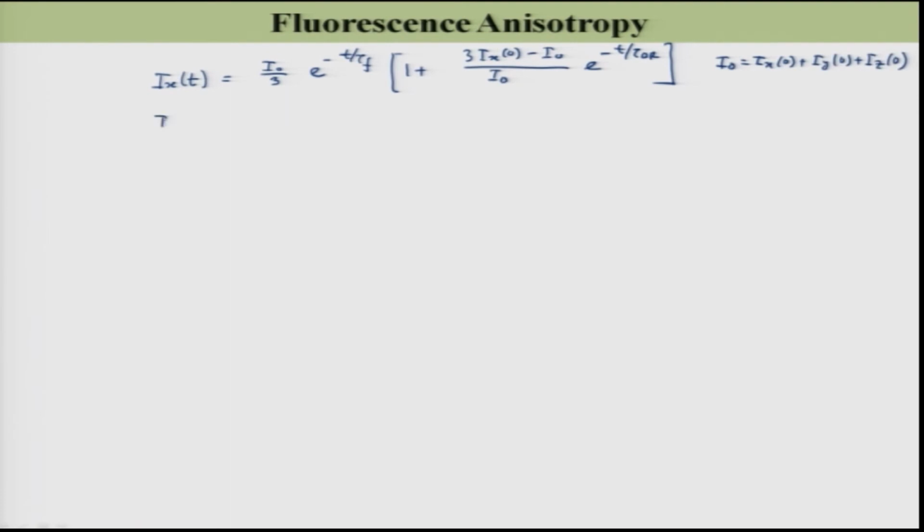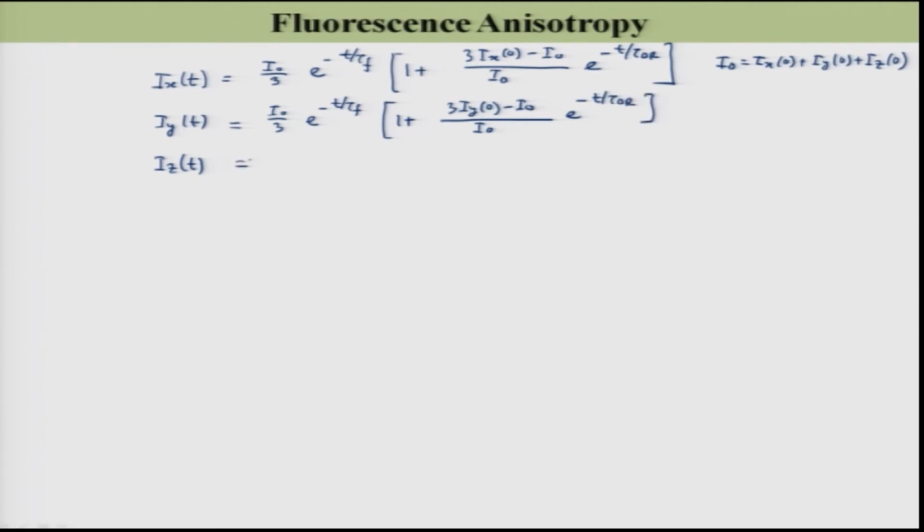Similarly, you can write for I y t and obviously you can write for I z t. So, I y t will look like I 0 by 3 e to the power minus t by tau f, 1 plus 3 I y 0 minus I 0 divided by I 0 e to the power minus t by tau r.